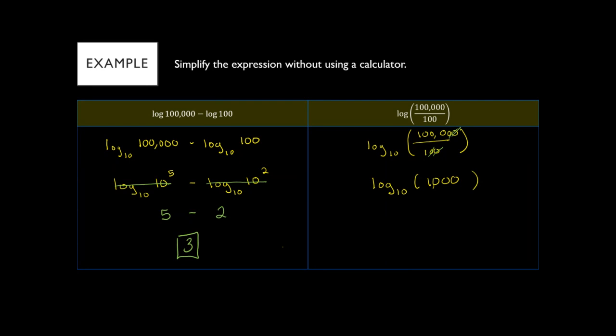I think my cross didn't quite cross out my 0. So it's actually log base 10 of 1,000 if I actually do my division properly. So 1,000 is actually 10 to the 3rd power. So we rewrite this as log base 10 of 10 to the 3rd. And then the base and the 10 cancel out, we're left with 3. So this one also gives us an answer of 3.